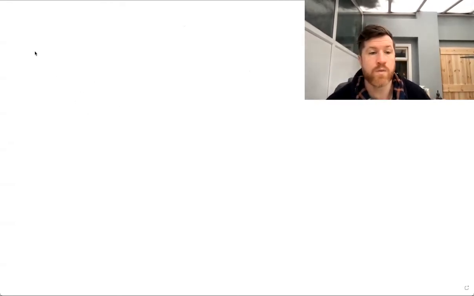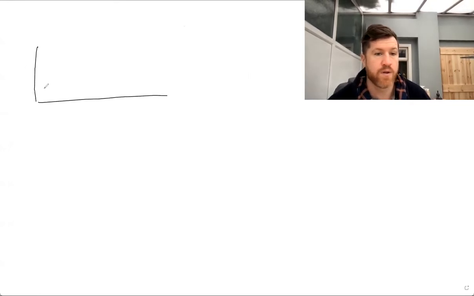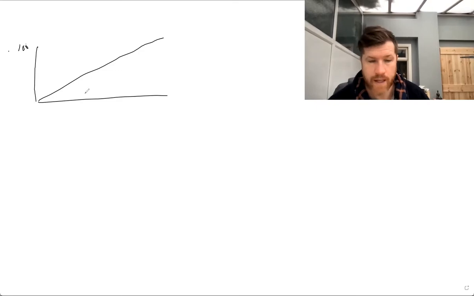So what we spoke about previously is the relationship between maximum velocity and the relative cost of that conditioning.